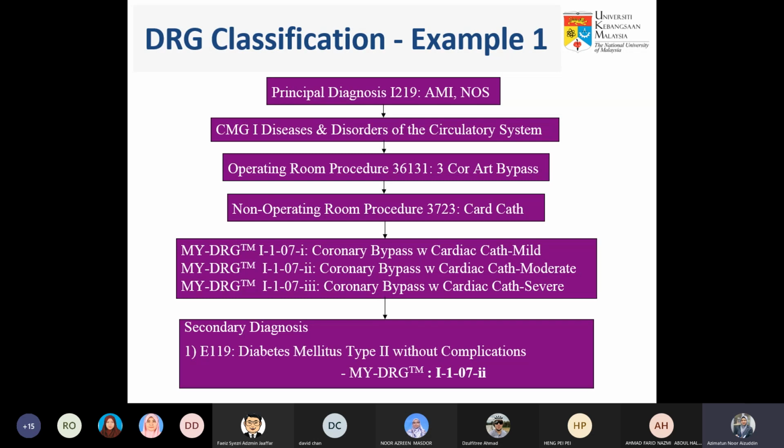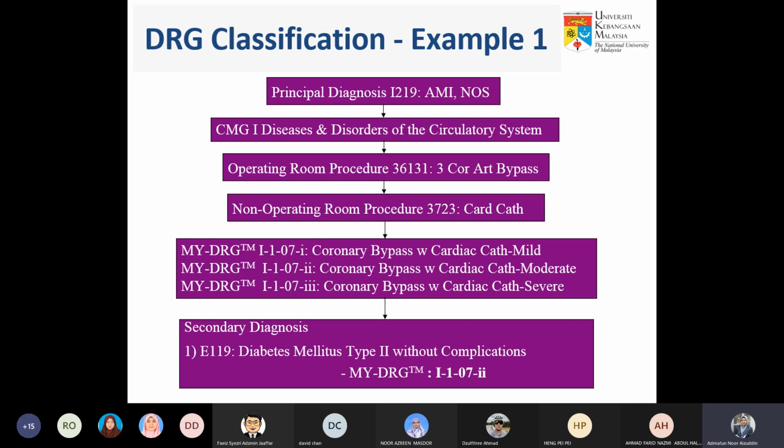Kalau diabetik dia ada complication, dengan all this diagnosis, kemungkinan dia akan pergi kepada severity 3. Tetapi sebab diabetik dia stable, dia punya heart problem pun not that bad, tetapi sebab dia ada comorbidity, so dia dimasukkan di bawah moderate rather than mild.